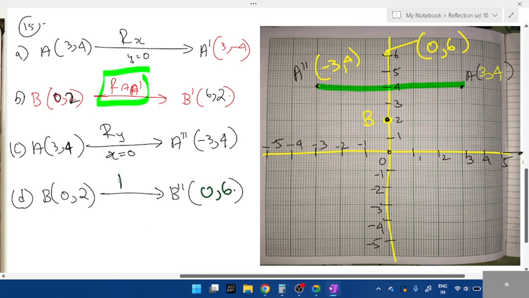So I'll write the reflection here. They had given A double dash. That's the reason I have to draw.